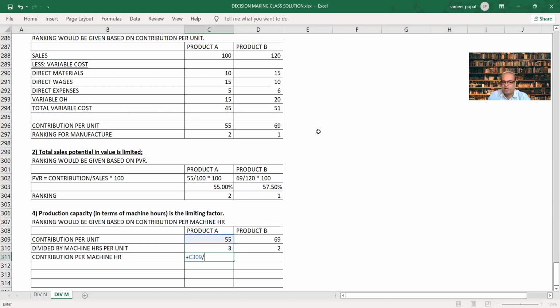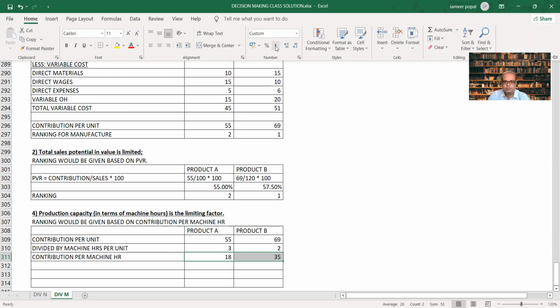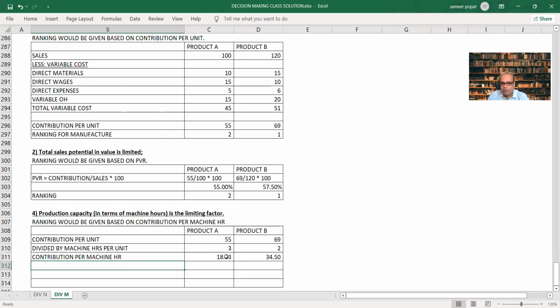That would be 55 divided by 3. And here it will be 69 divided by 2. 18.33 and 34.5. Now, based on this 18.33 and 34.5, we need to give rank. So again, the first rank would be product B and the second rank would be product A.